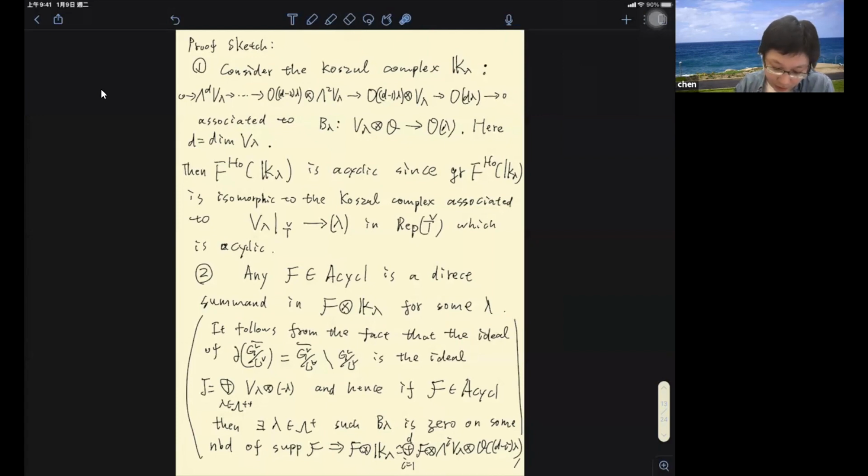First, you prove that our functor between the homotopy categories will map the Koszul complex associated to this arrow to a cyclic complex.